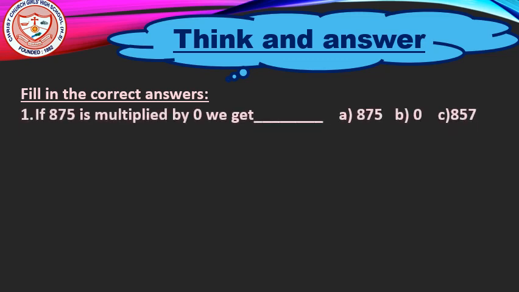If 875 is multiplied by 0, we get dash. The options are A. 875, B. 0, C. 857.